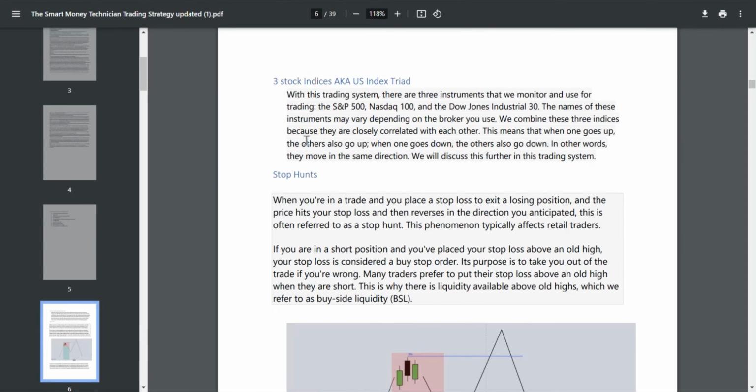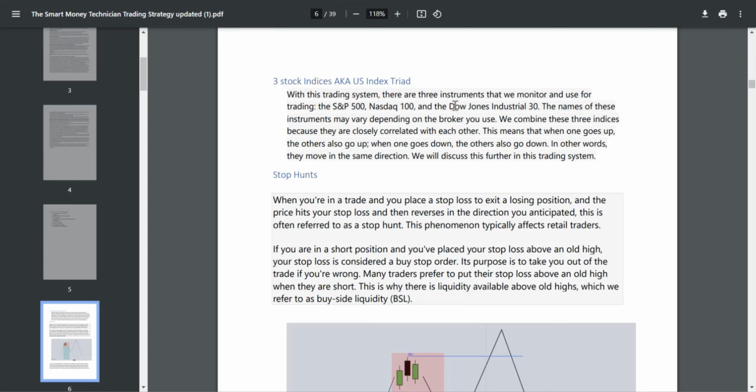Over here we talk about 3 stock indices, which are S&P 500, which some of you may know as SP 500 or US 500, then NASDAQ 100, which some of you know as NAS 100 or US 100, and then Dow Jones, which some of you may know as US 30 or USA 30, whichever broker you're using.